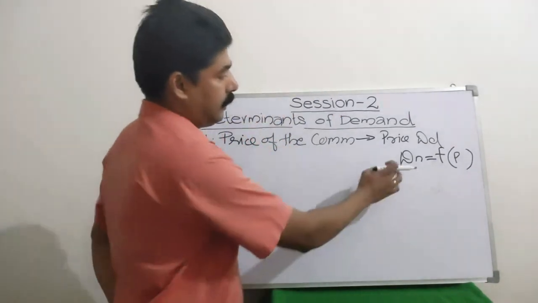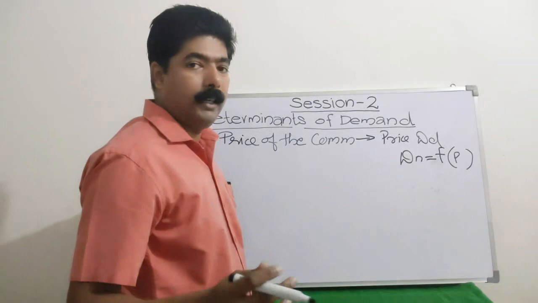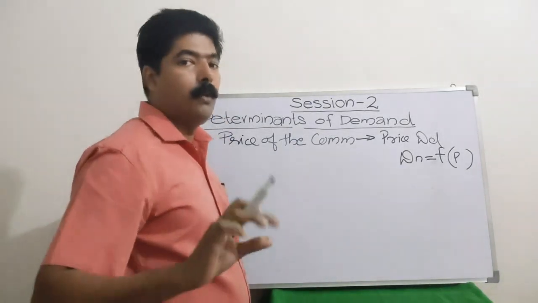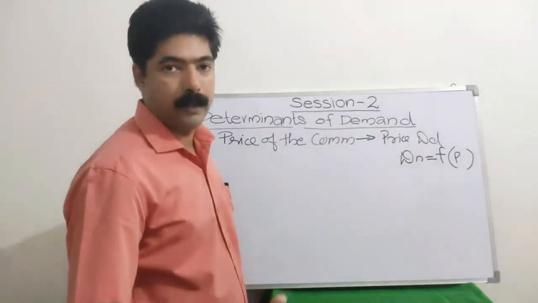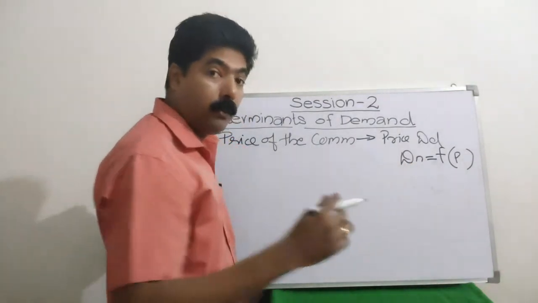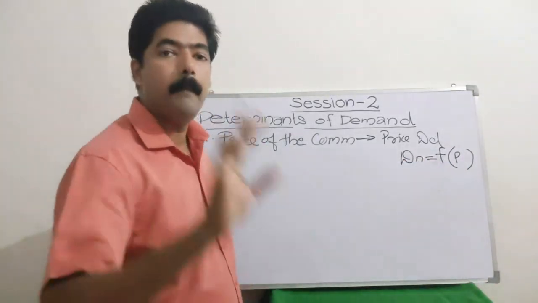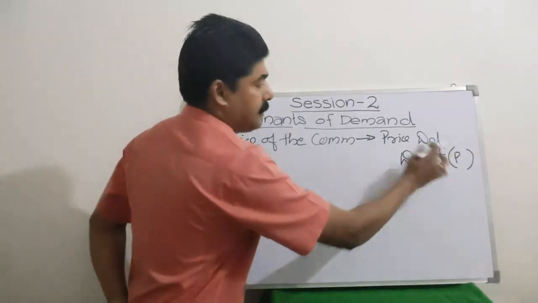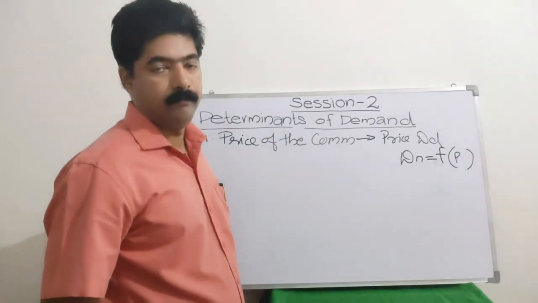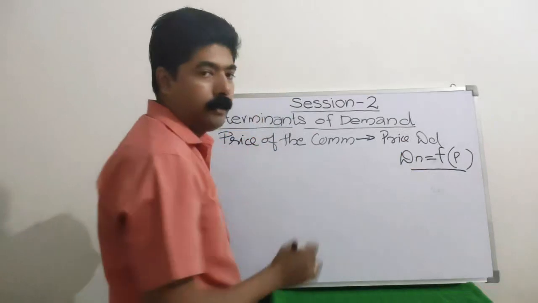I have written here Dn. What is n here? n is the quantity, whatever product that we want to purchase. So Dn, the demand for commodity n, is equal to what? It is a function of price. P for price and f for function. So this is the symbolic expression of price demand.